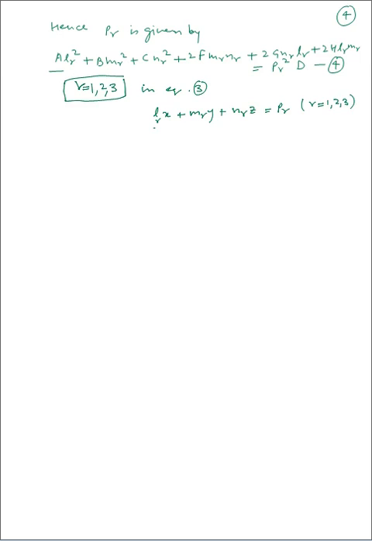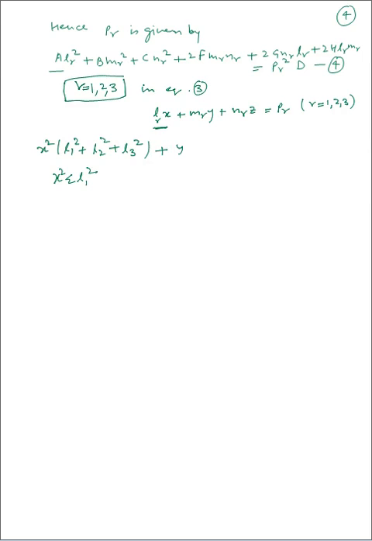So from here we will get x square, because we are squaring and adding, L1 square plus L2 square plus L3 square, which we can write in the form of sigma also, x square sigma L1 square.